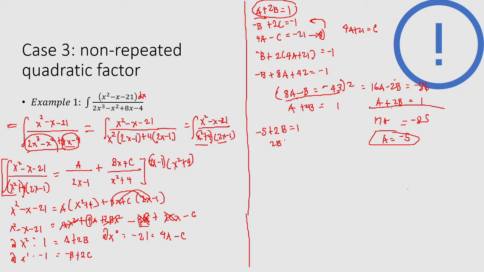So 2B is equal to 1 plus 5, or B is equal to positive 3. Now we can get C. Negative B, or negative 3, plus 2C is equal to negative 1. So 2C is equal to negative 1 plus 3, or C is equal to positive 1. So you now have the 3 coefficients. To rewrite that, let's use another slide.